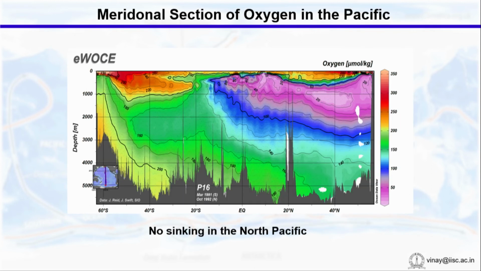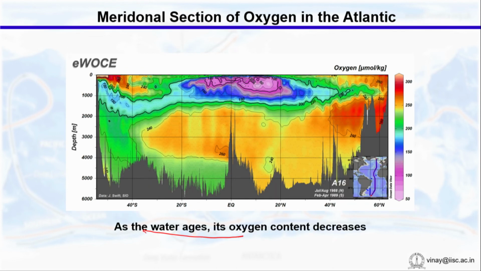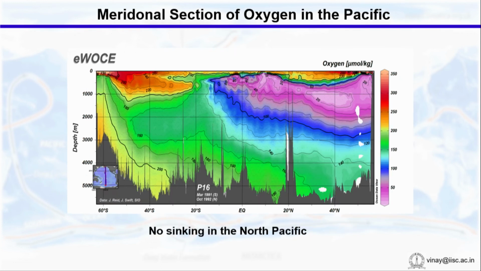If you compare a similar picture with the Pacific, this is what you would see. The scale is such that the purple shows very low oxygen and the red shows high oxygen. Let us look back at this picture where the northern Atlantic has high oxygen at a depth of about 2000 to 4000 meters. In contrast, if you look at the Pacific, the water at these depths is very low in oxygen.